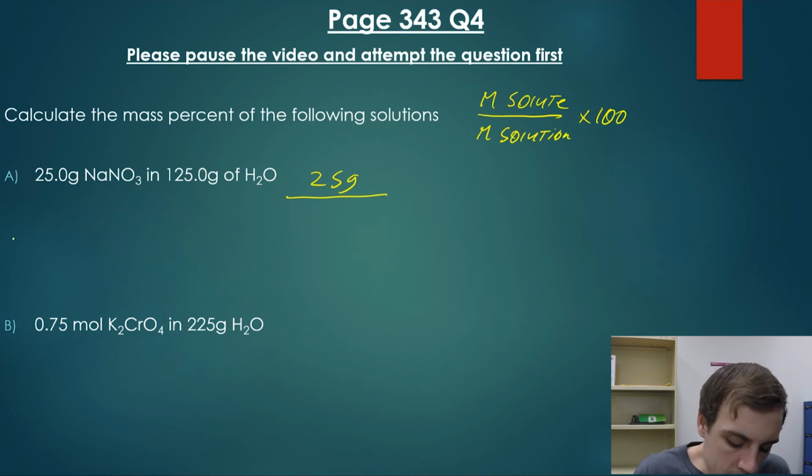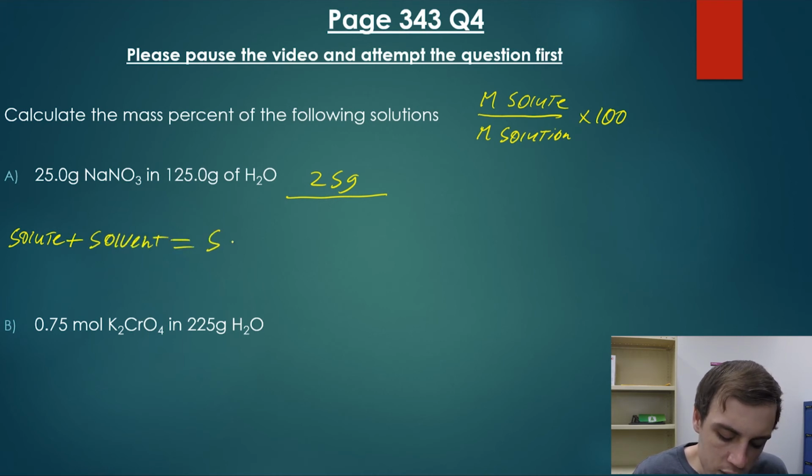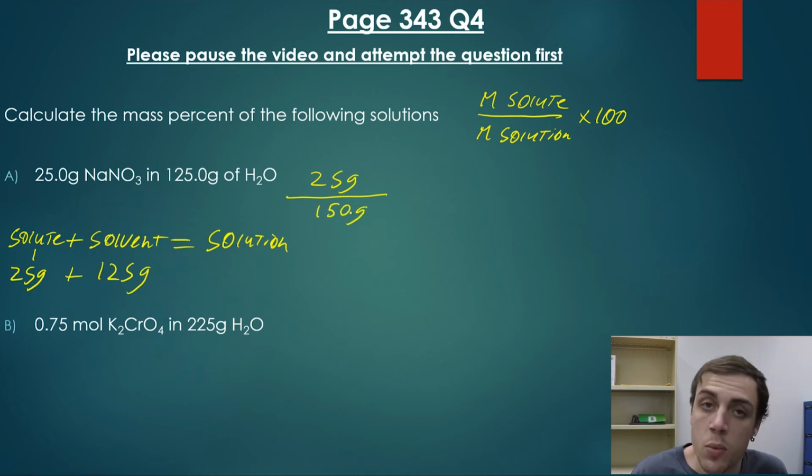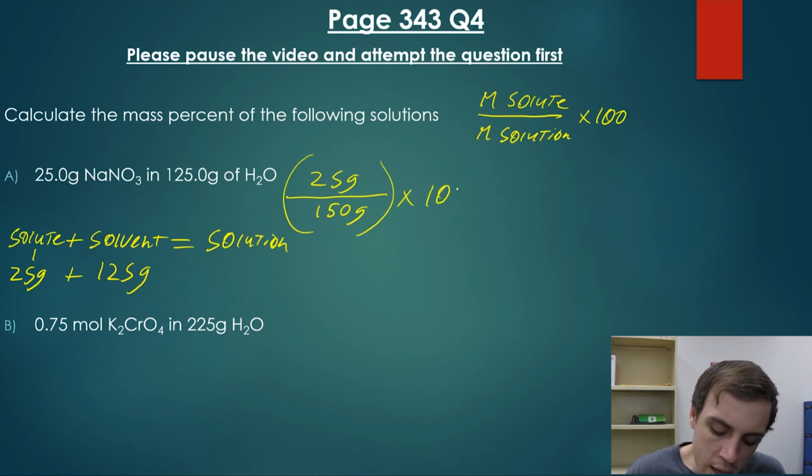So remembering that solute plus solvent equals solution, our total solution will be 25 grams plus 125 grams. So it's going to be 25 divided by 150 grams, because that's the weight of the total solution, multiplied by 100.